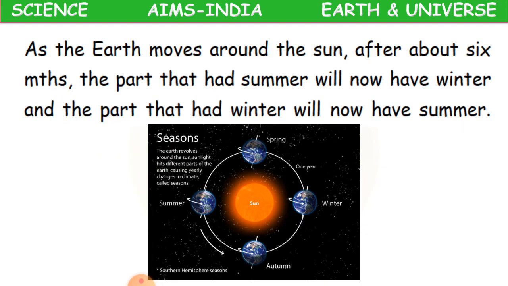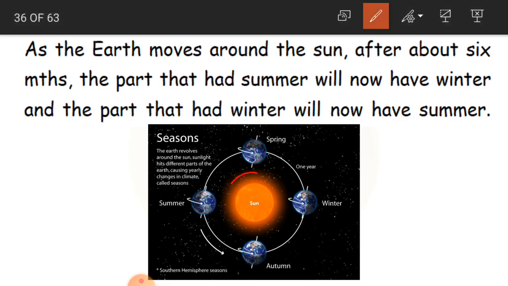As the earth moves around the sun, after about 6 months, the part that had summer will now have winter, and the part that had winter will now have summer. So what happens is, as we said, the total time to complete one revolution for the earth around the sun is about 12 months.